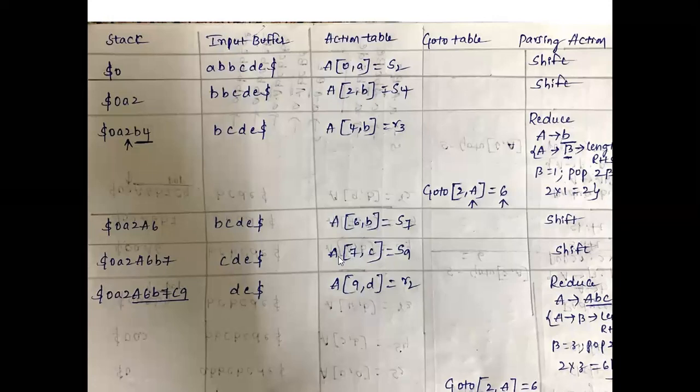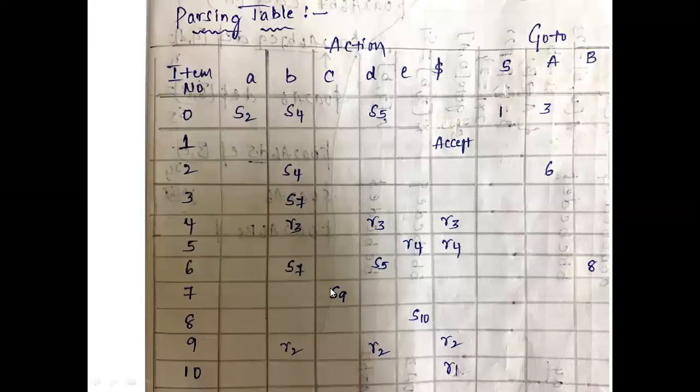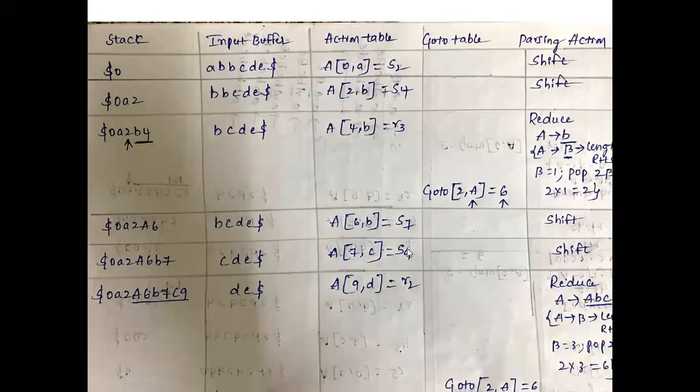Again I am performing the action of 7 comma C. From the parsing table, 7 with C is S9, so again we shift: C and 9 are pushed onto the stack. The top of the stack is 9.